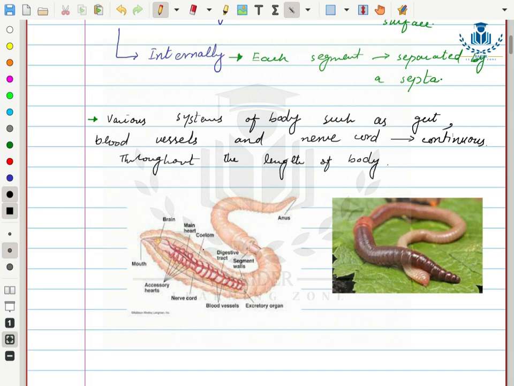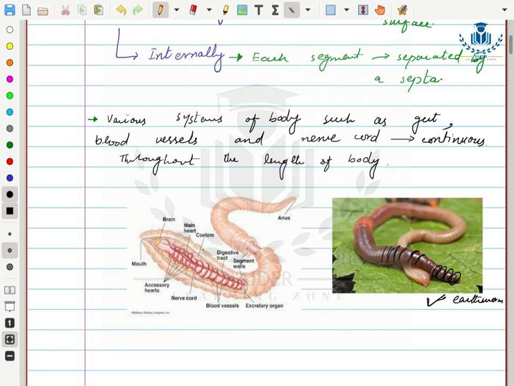You can see both types of segmentation in case of annelids. This figure is showing segmentation externally. You can see that there are numerous little rings present on the surface of this annelid, that is basically earthworm. So there are many constrictions that are representing segmentation externally.